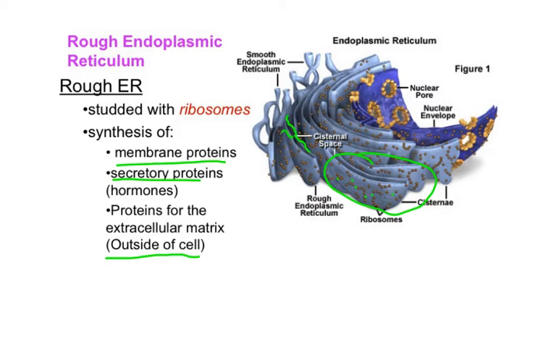Those proteins are then transported over to the smooth ER, and the smooth ER then sends those items out for transport from the cell. Okay, so what kinds of things are made here? And once again, that's membrane proteins, secretory proteins, things like hormones, proteins that are going to be outside the cell, think like platelets in your blood, and membrane lipids are all made in this rough and smooth ER network.